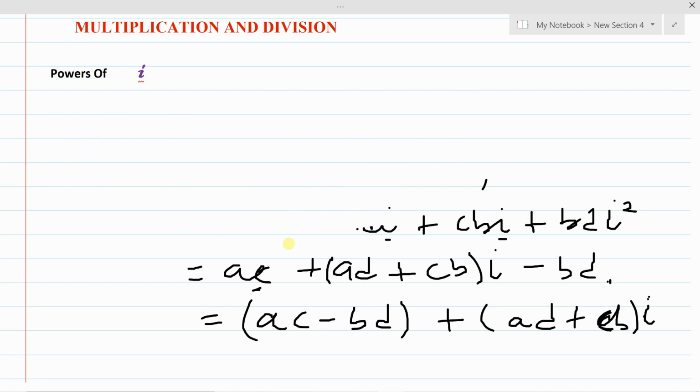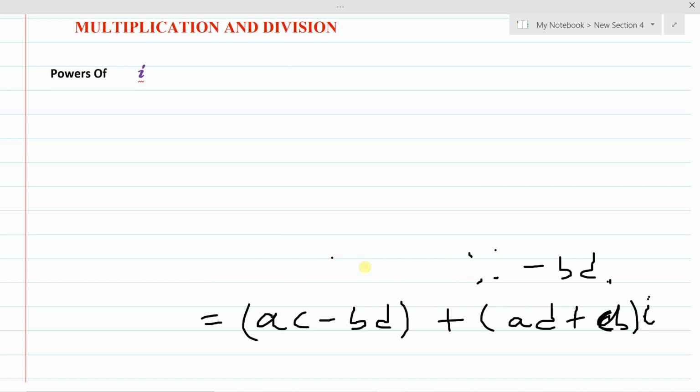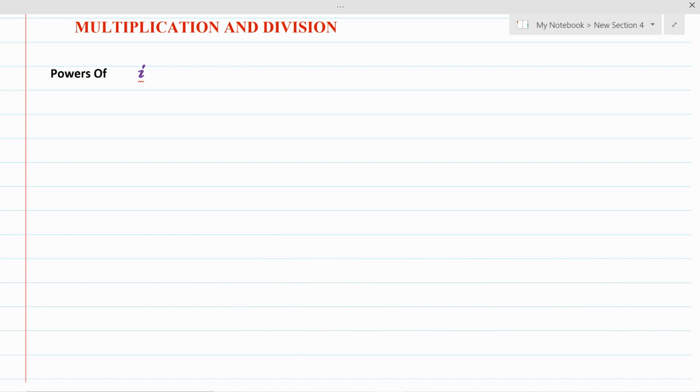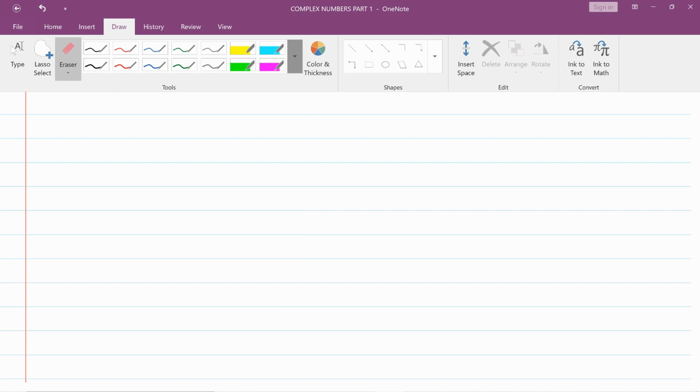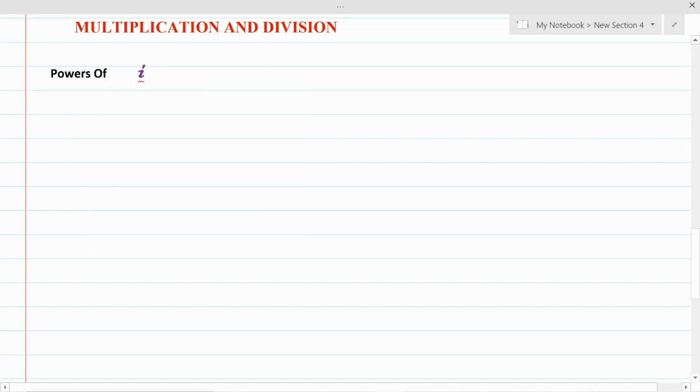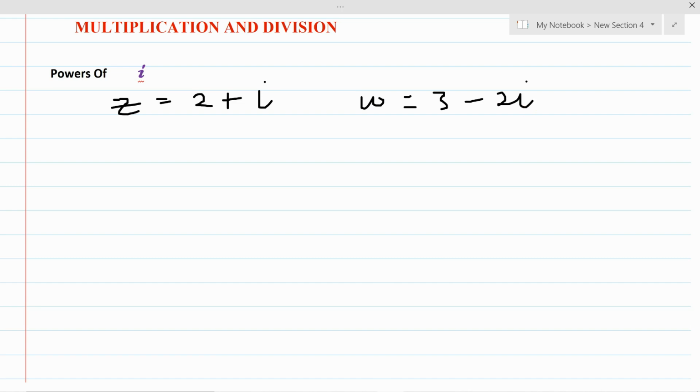So what if we are given a real life problem, real life complex numbers to compute for? Let's look at it very quick and it will be fine. Like I said, if I have z equals, let's say 2 plus i, then w equals, let's say 3 minus 2i.